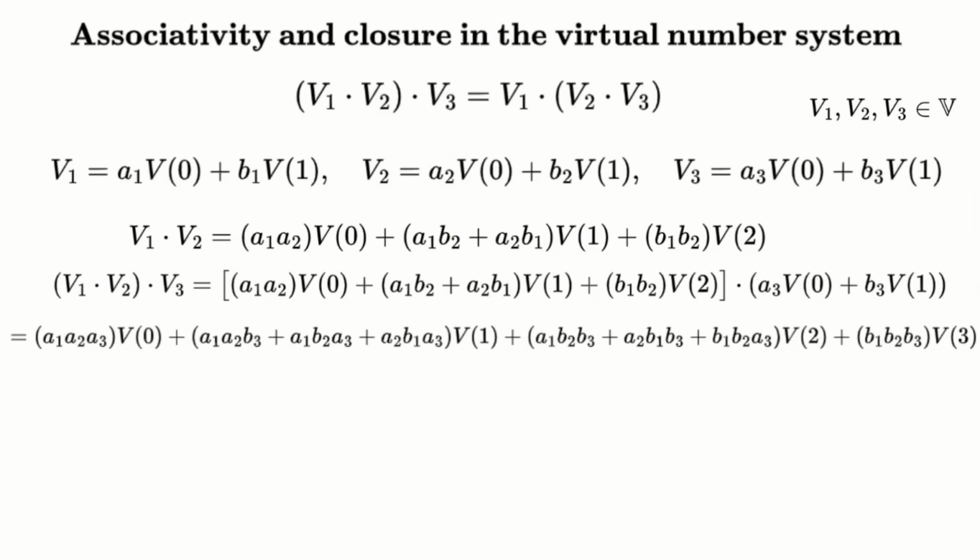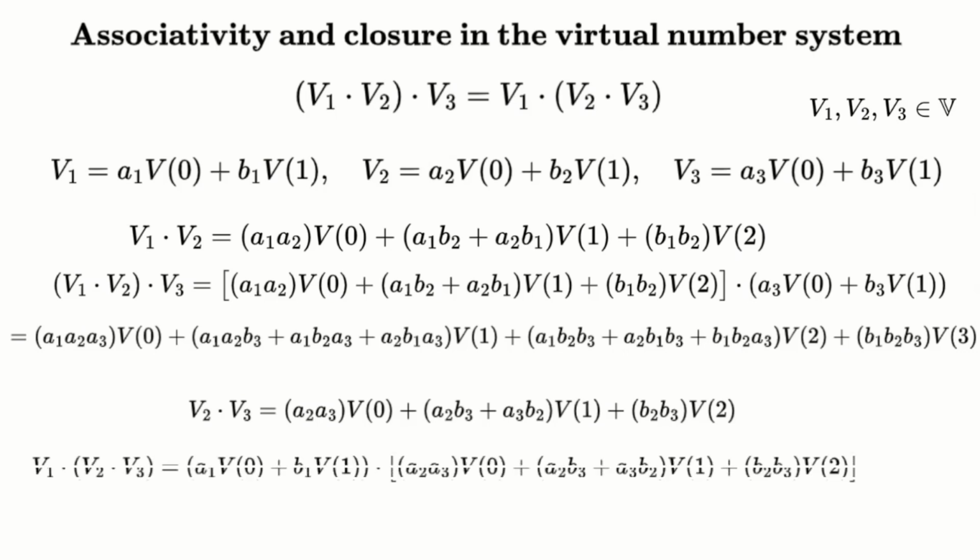Now let's switch gears and compute the product of v2 and v3. This gives us a2 times a3 times v of 0, plus (a2 times b3 plus a3 times b2) times v of 1, plus b2 times b3 times v of 2. Next, we'll take this result and multiply it by v1.